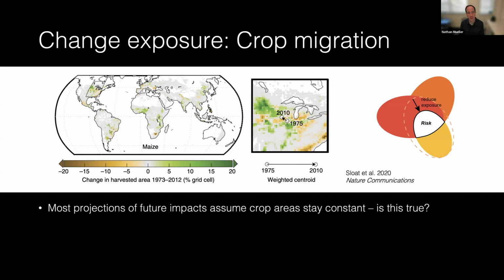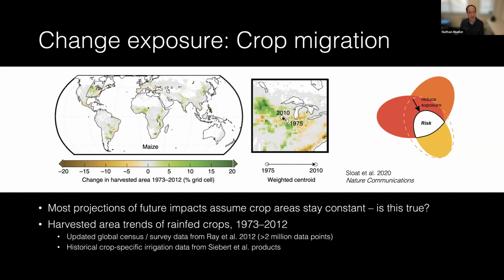And that allows us to look at changes in area over time. And so here we're looking at changes in rain-fed harvested area for maize. And we can see that some places have increases in rain-fed maize harvested areas, other places have decreases.